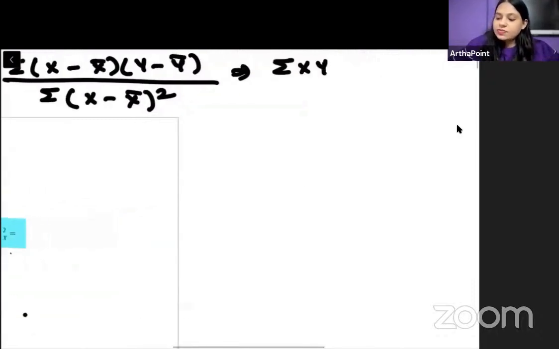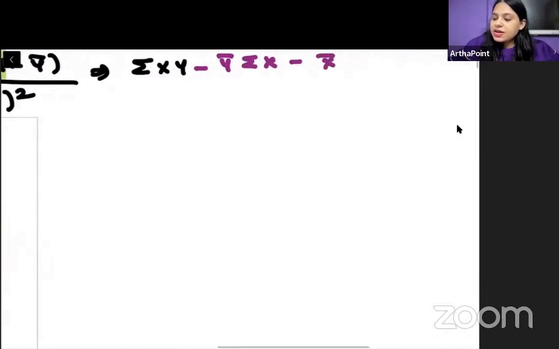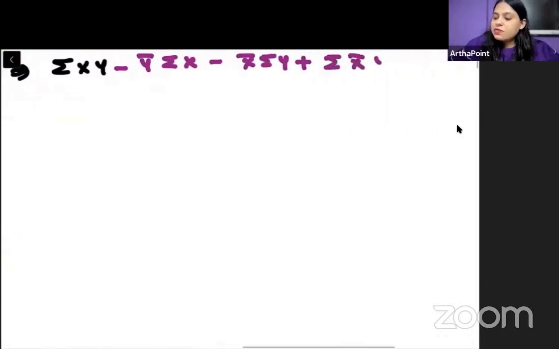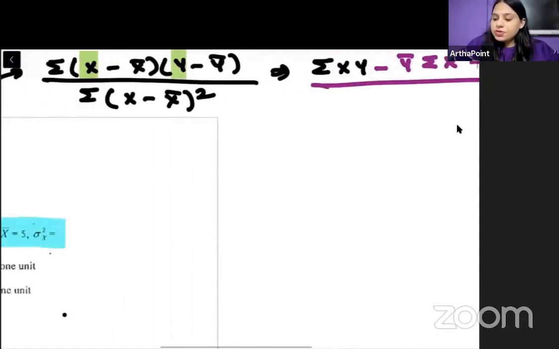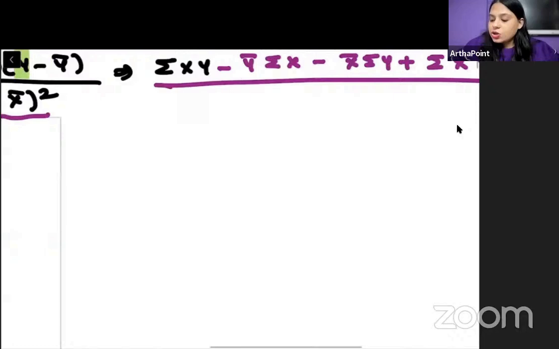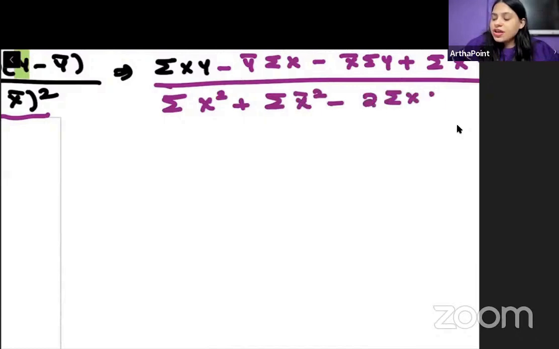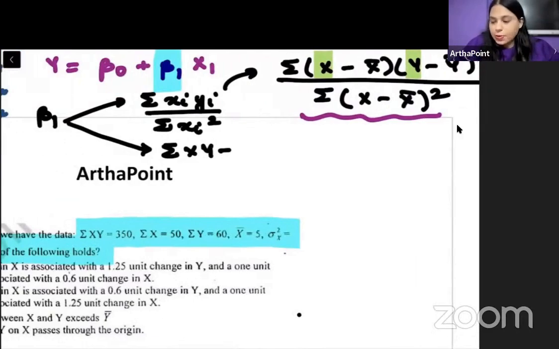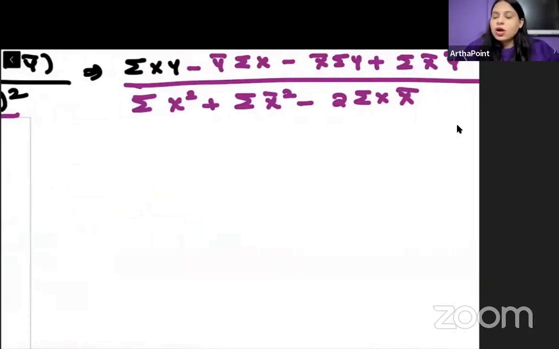Summation xy minus y bar summation x minus x bar summation y plus summation x bar y bar upon, when you open a minus b whole square, you will get summation x square minus or plus summation x bar square minus 2 summation x bar. So if you don't remember the second formula well, you can open the first formula and do some tweaking, some changes.